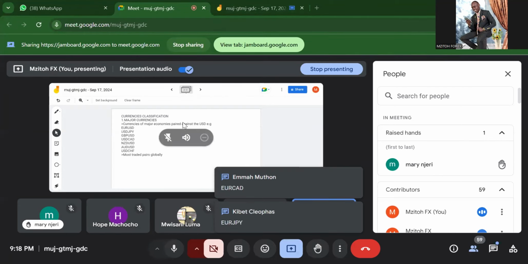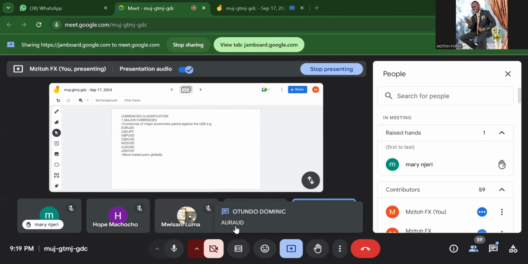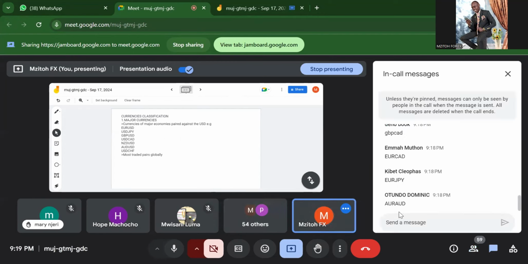You don't have to cram them. The good thing is that when we go to practical, they will just be presented there. This one is AUR, we don't have AUR. No, you mean Euro AUD? Euro JPY, correct.